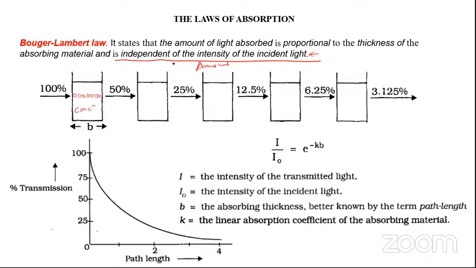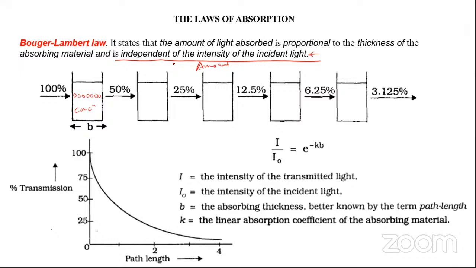Absorption is the outcome of the interaction of light with matter, correct? So if I increase the number of molecules which are interacting with light, absorption will increase, correct?